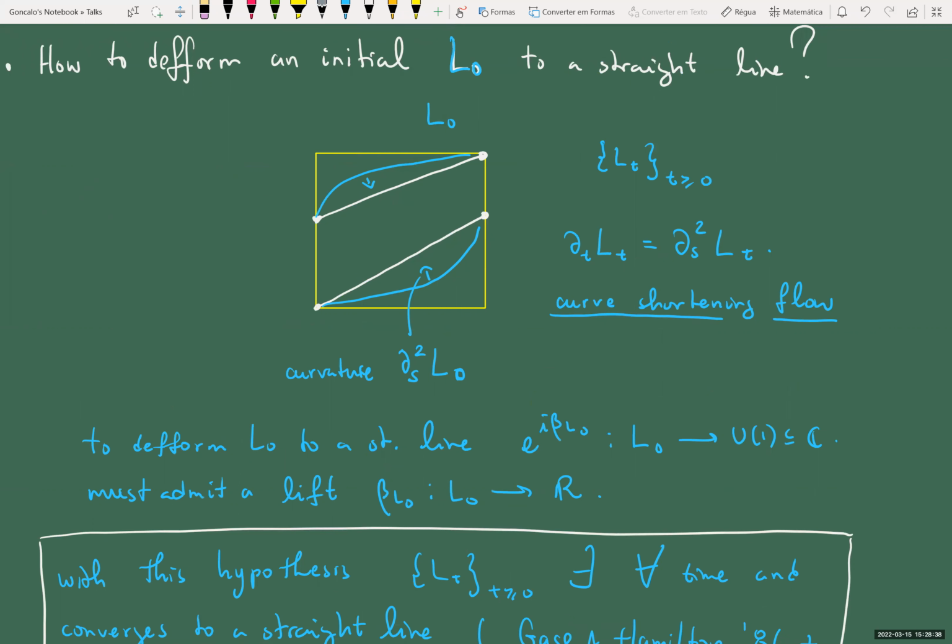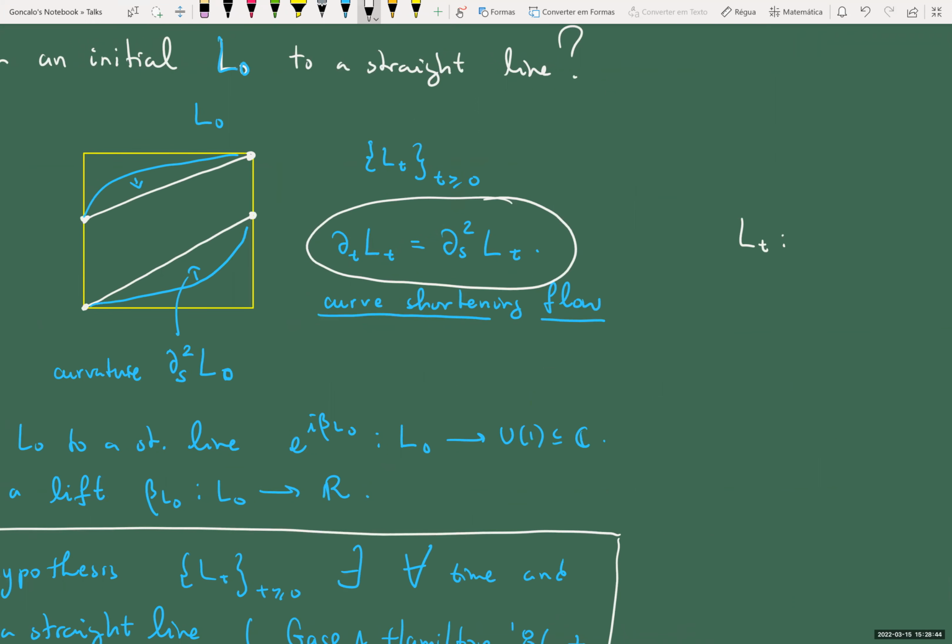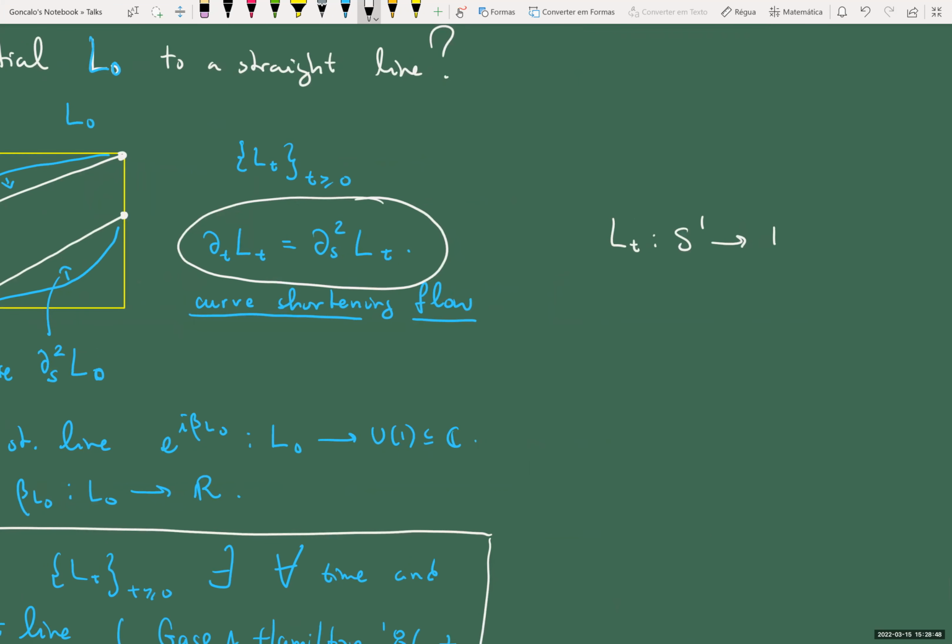L_t here is the function from the circle to the two-torus in this example. If you look at it, it looks like the heat equation, right? d_t L_t minus d_s squared L_t equals 0. But it is not linear. It is not the heat equation.